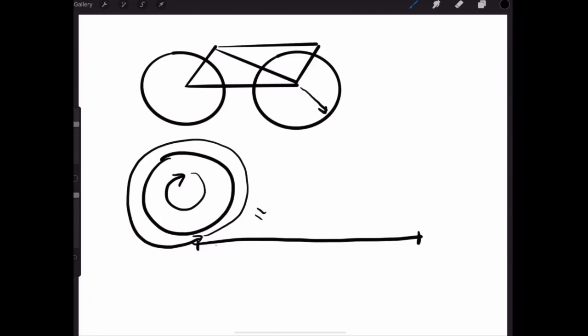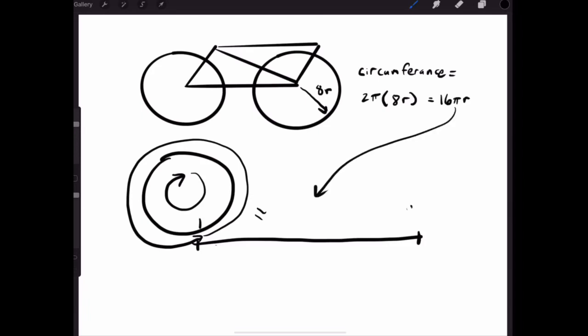So our tire has a radius of 8r, and we know its circumference is 2 pi times the radius. Our circumference in this case is going to be 2 pi times 8r, which is 16 pi r. And so basically when one tire revolves once, we know that the bike traveled 16 pi r as the distance.